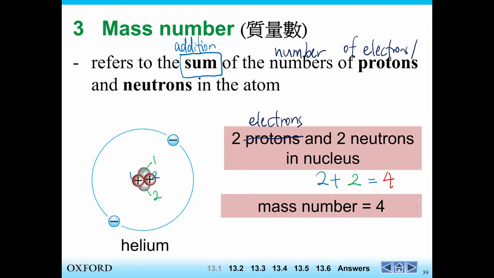How many electrons are there for helium? Remember, the number of protons always equals the number of electrons in an atom of the element. So here there's also 1, 2. There are also 2 electrons. So this also fulfills the criteria of 2 electrons being added to 2 neutrons, and you'll get the mass number of 4.